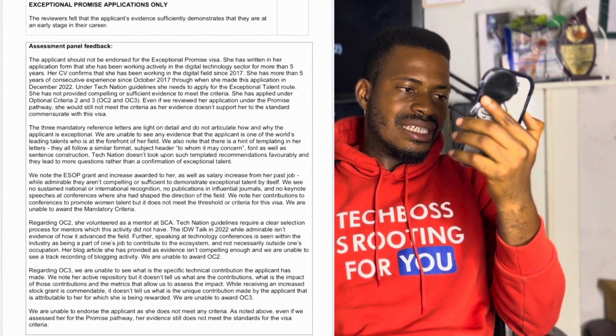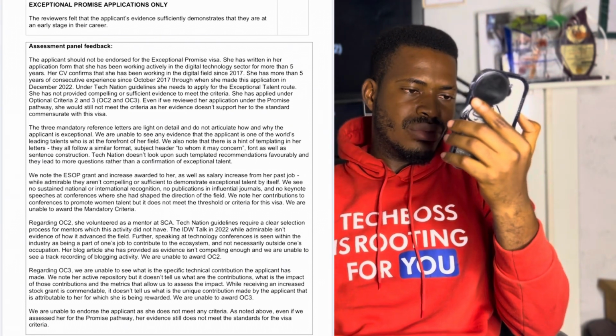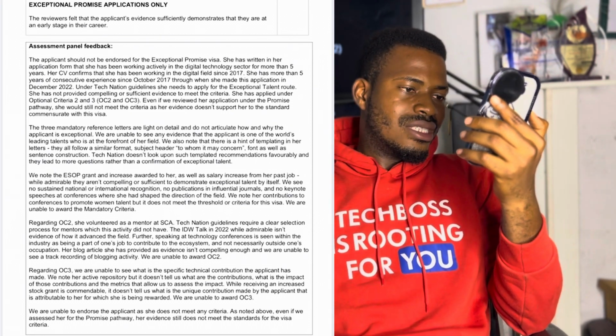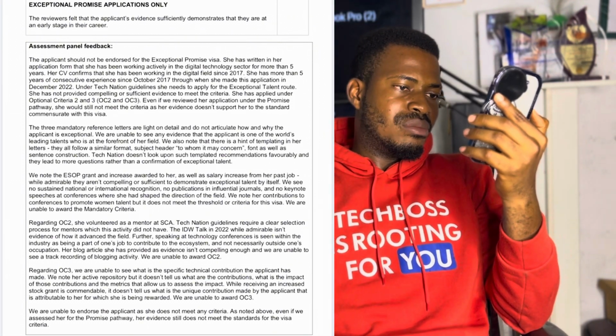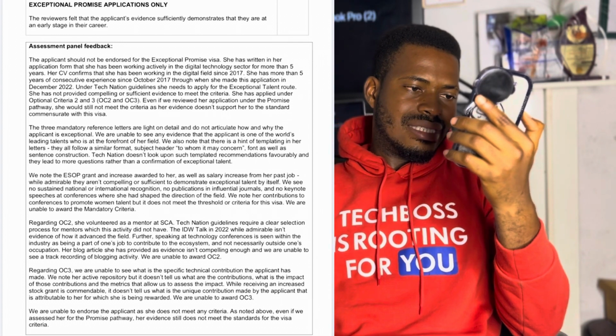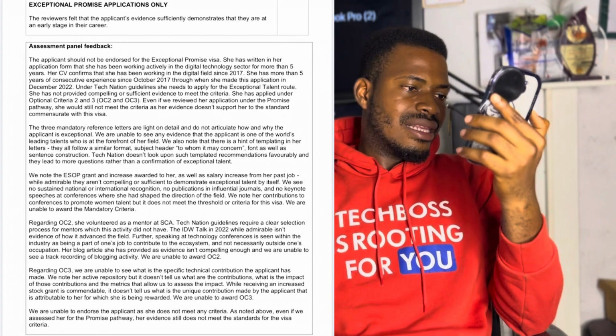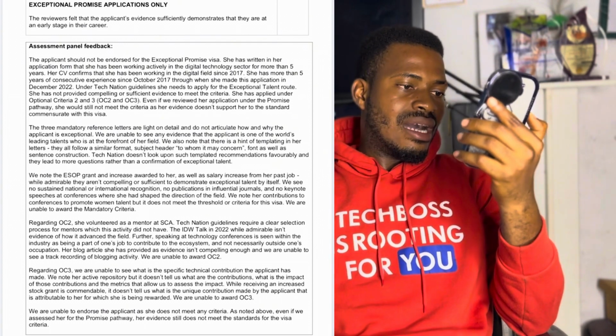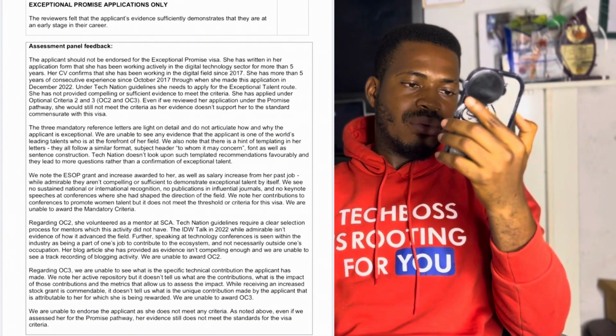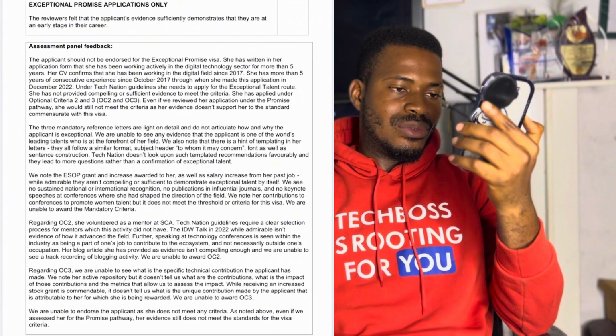While receiving and increasing stock grants is commendable, it doesn't tell us what is the unique contribution made by the applicant that is attributable to her, for which she is being awarded. We are unable to award OC3.